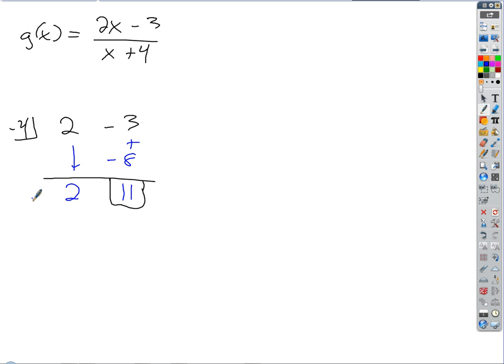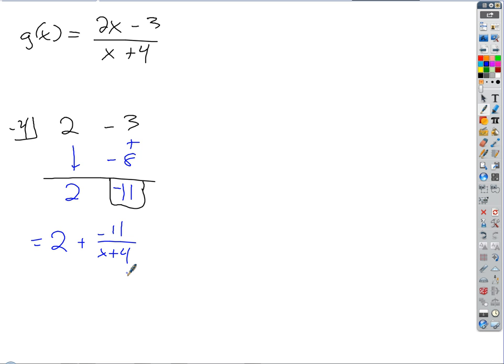Because I'm going to, negative, sorry. Thank you. Is that what you were wondering about? Yeah, -11. So then this is 2 plus the remainder of -11 over the denominator, because that's what the remainder means. It's what remains over the denominator, right? So this looks like 2 plus -11 over x plus 4, right?